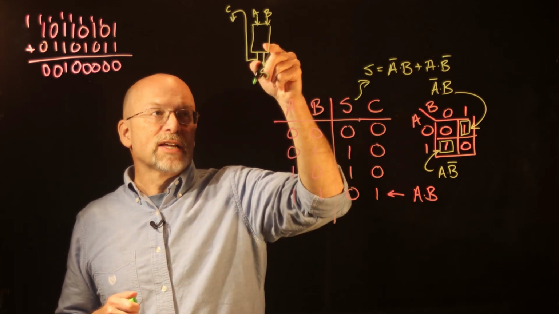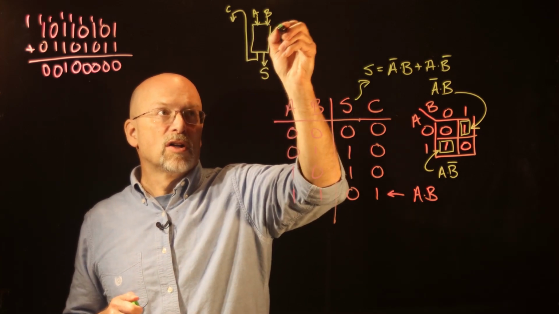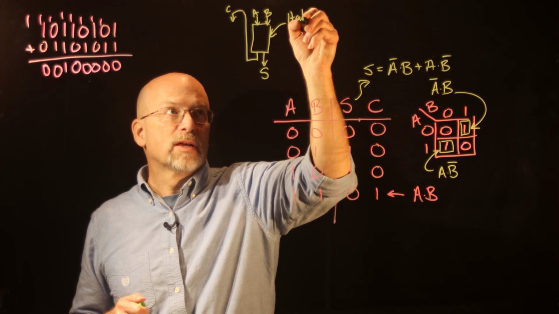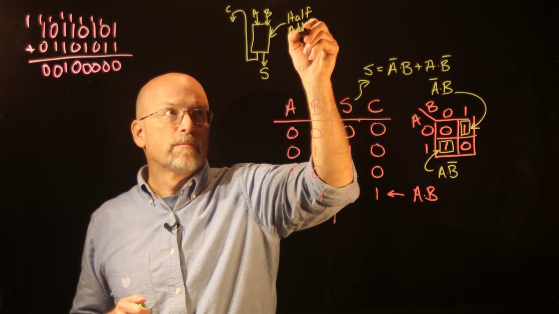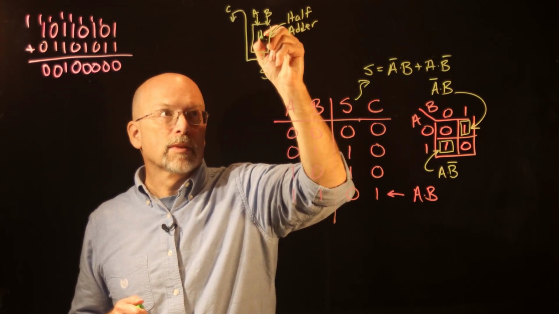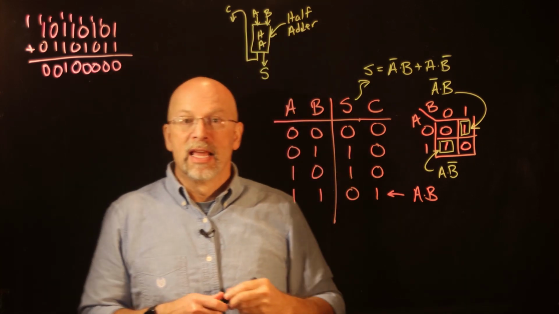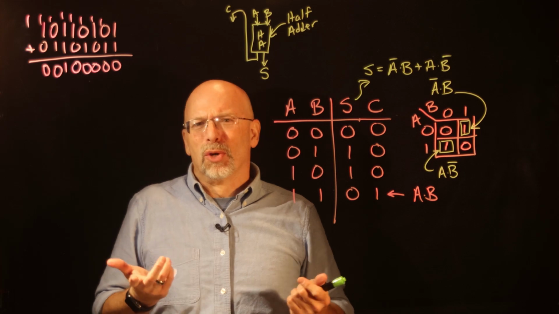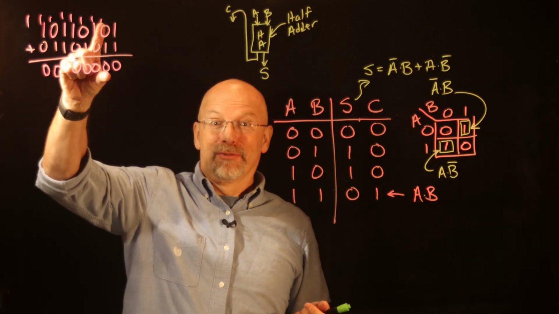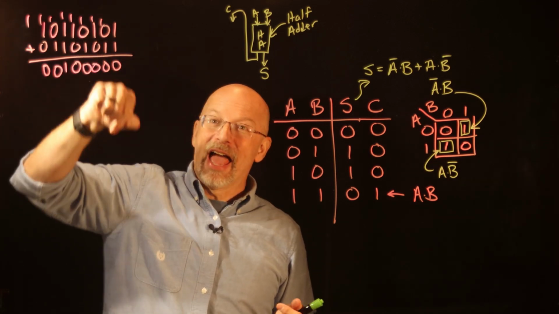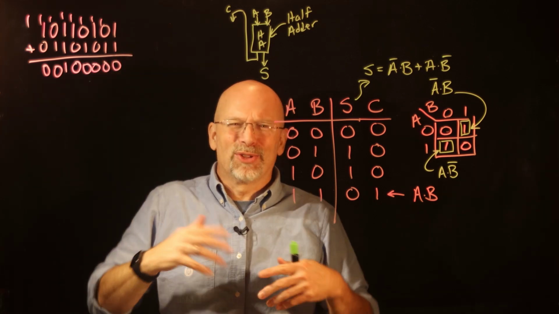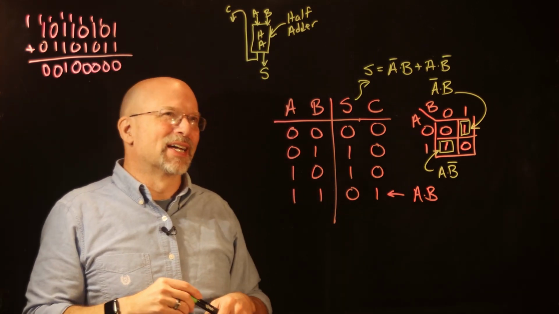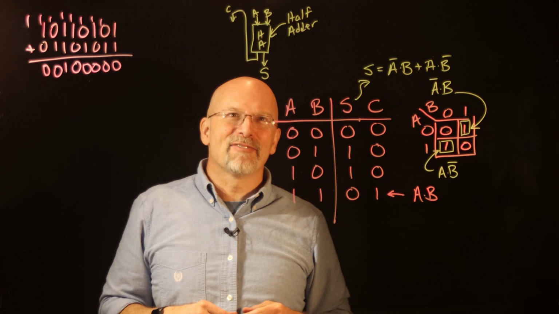Now, this device right here is called a half adder. Well, you think about it, it's actually a 2/3 adder. The full adder, which is what we're going to do next, adds 3 bits, but 2/3 adder just doesn't roll off the tongue as well. So that's a half adder there.